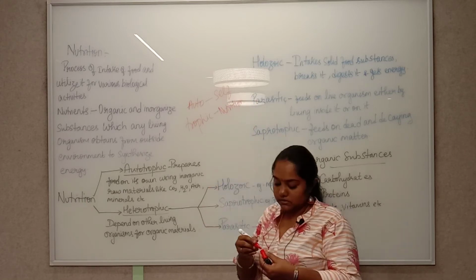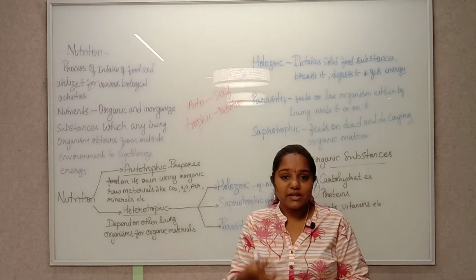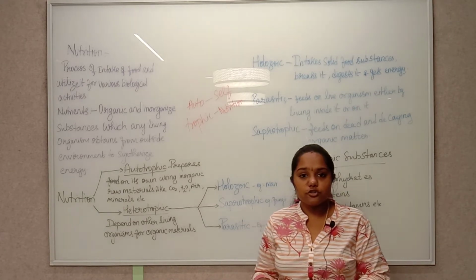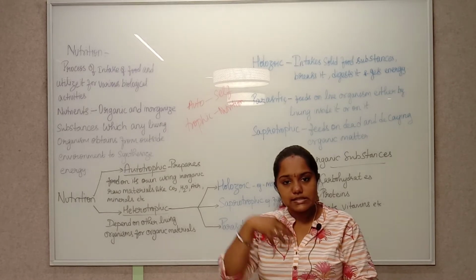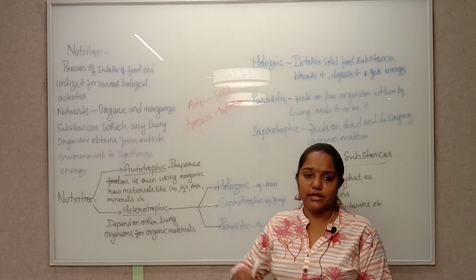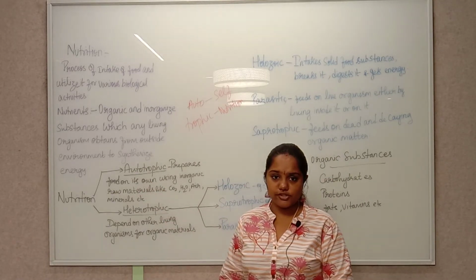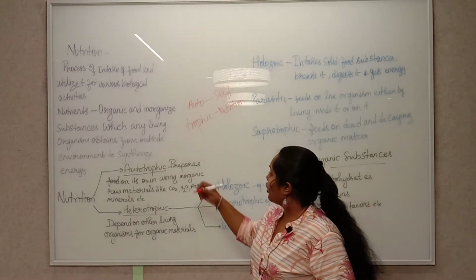So autotrophic means self-nutrition, which means the living organisms which are capable of producing or preparing food on their own inside their body with the help of a few raw materials from the environment perform the autotrophic mode of nutrition. And such organisms are called autotrophs.